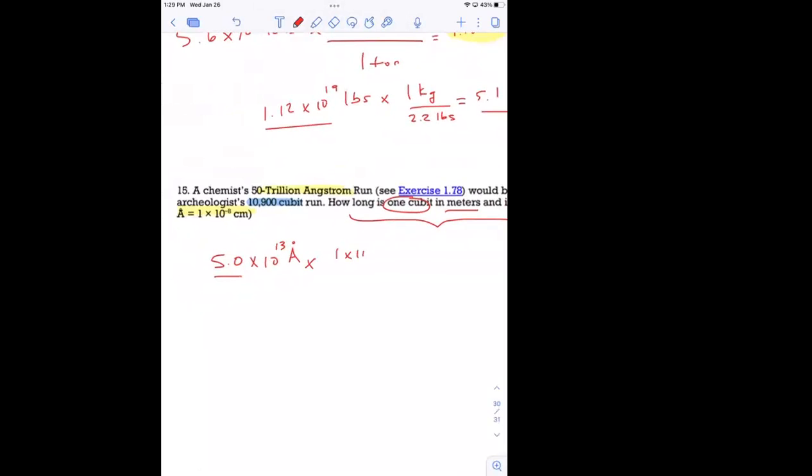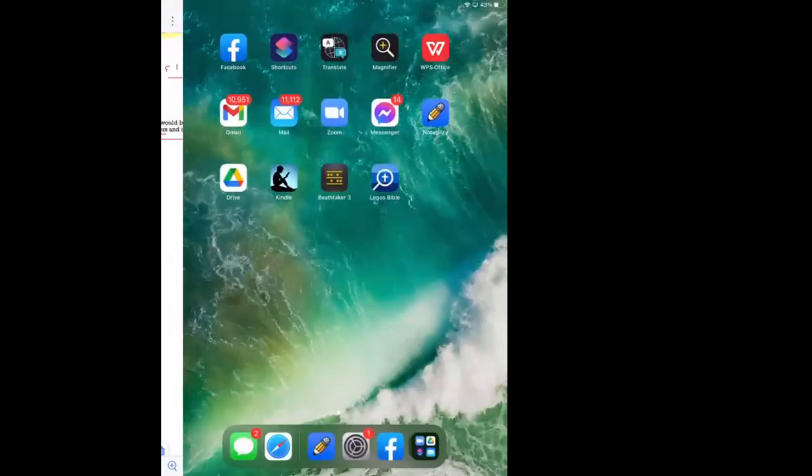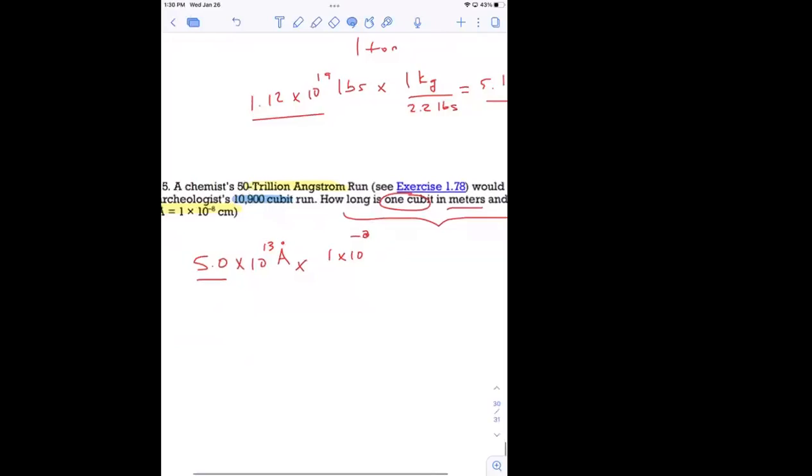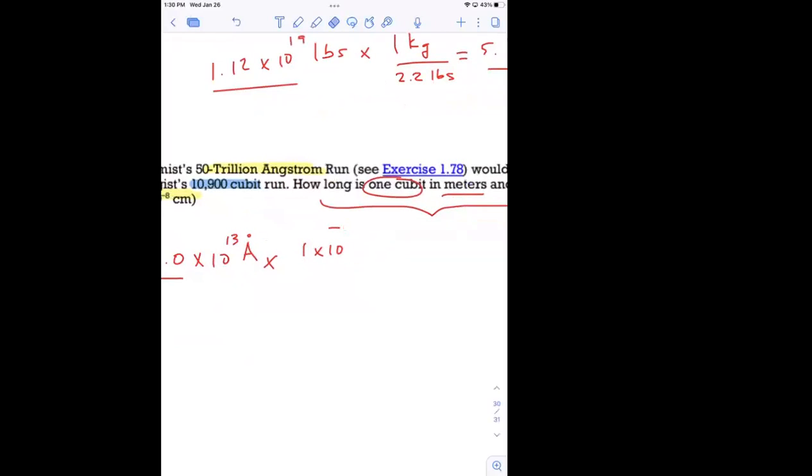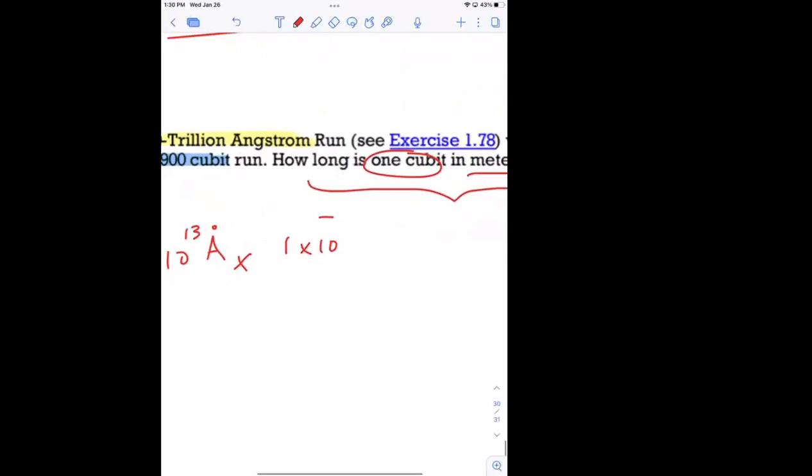So times 1 times 10 to the minus 8 centimeters per 1 angstrom.